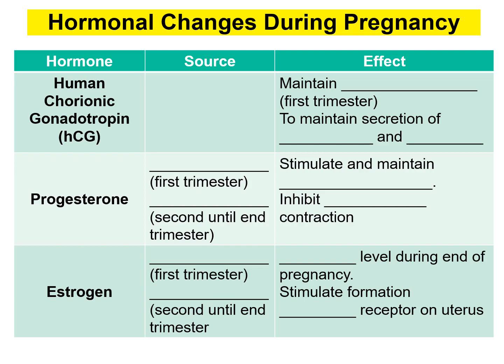So let's try to fill in the blanks here. Human chorionic gonadotropin, the effect is to maintain the corpus luteum during the first trimester. So the corpus luteum maintains secretion of estrogen and progesterone.